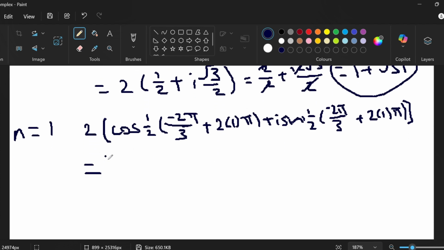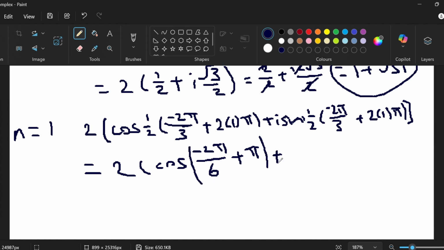So this equals 2 times cosine of 1/2 times minus 2 pi over 3, which is equal to minus 2 pi over 6, plus 1/2 of 2 times 1 pi, which is just 2 pi over 2, so I'm just going to get 1 pi. And I add all this to i sine of minus 2 pi over 6 plus pi.